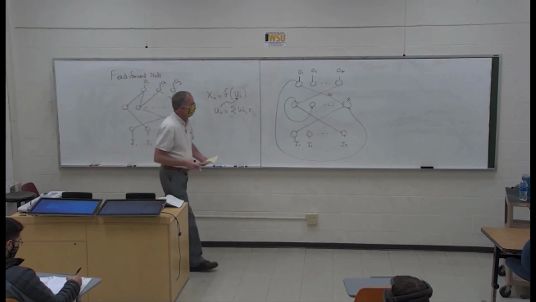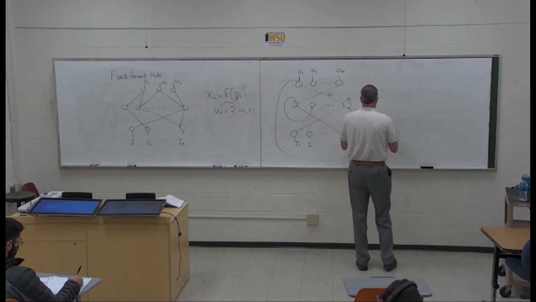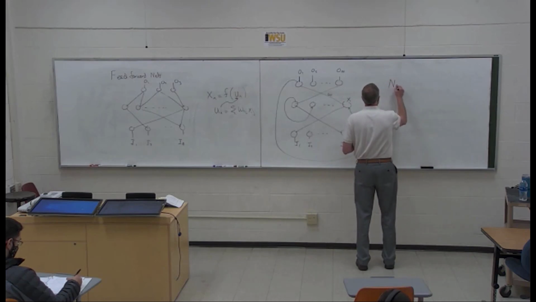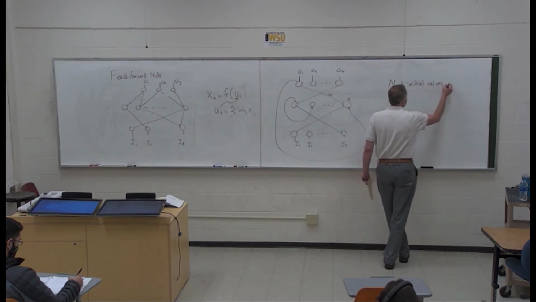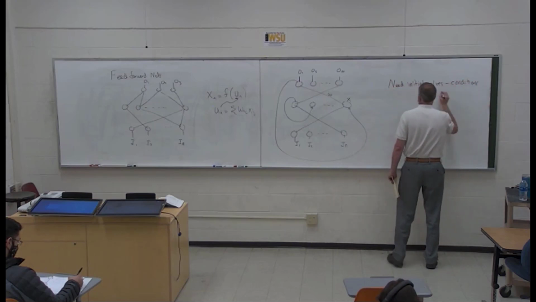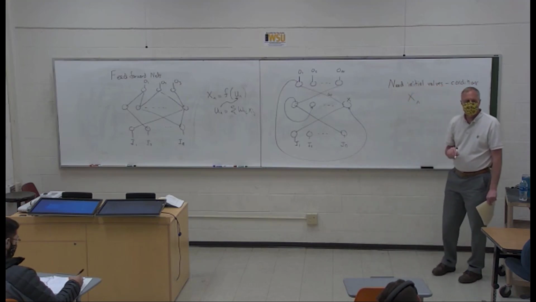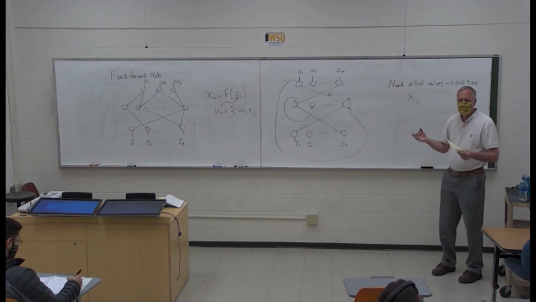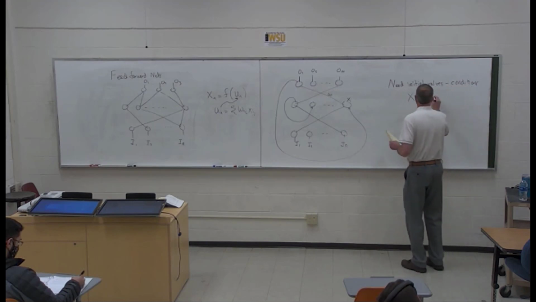So really, in order to start this whole thing off, we need initial conditions. Initial values, initial conditions for all of the X values, all of the outputs. You start the network out in a certain state, and then you run forward.